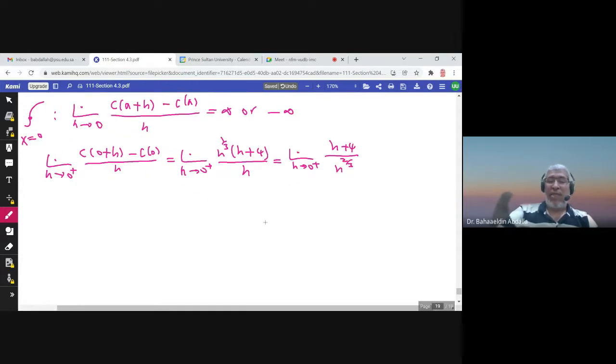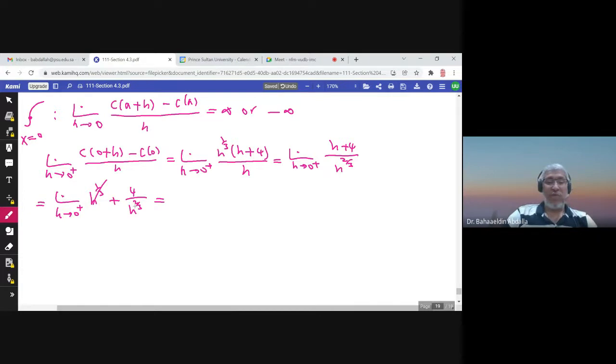And I can write this limit as h over h to the 2 over 3. That's h to the power 1 over 3. That is h to the power 1 minus 2 over 3, plus 4 over h to the power 2 over 3. And the limit of this is 0. Okay, cube root of 0 is 0. And now here, what is the limit? Well, 4 over 0 is infinity, but is it infinity or negative infinity?